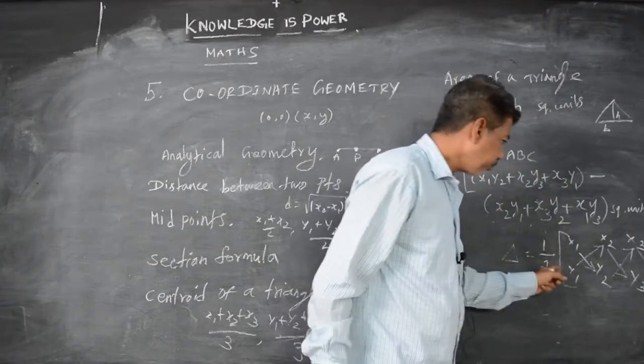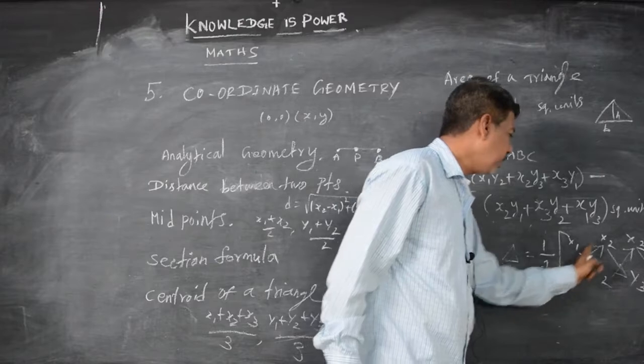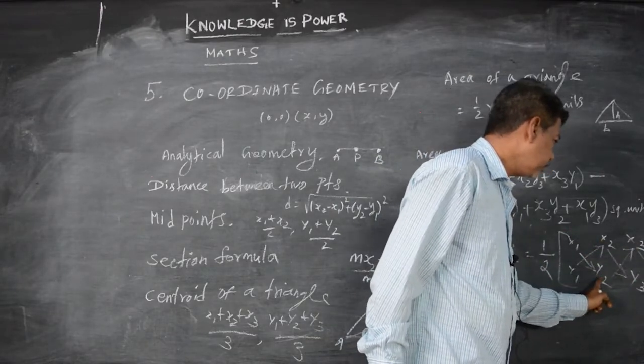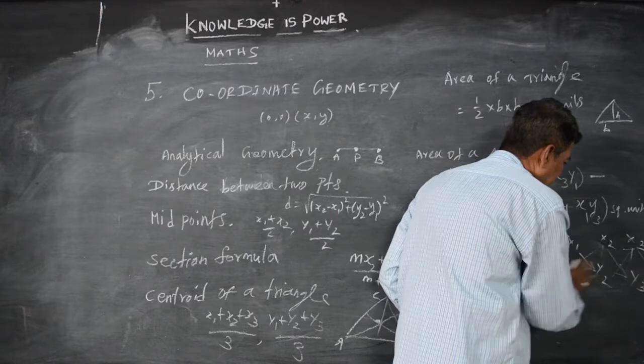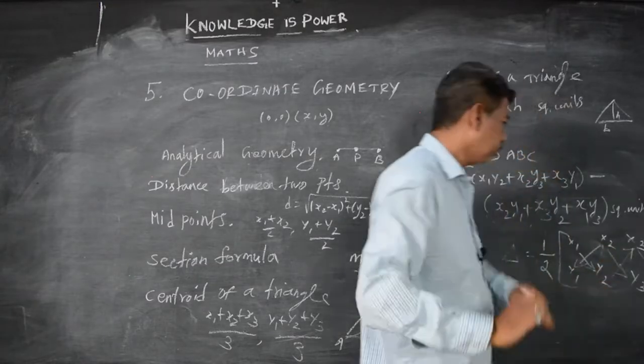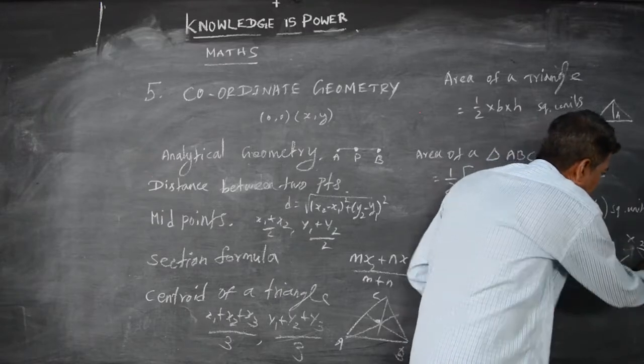See here: x2 y1, that is y1 x2. Here it will be x3 y2. We can also write it like this, downward, like this. That will be better for you. Okay, so x3 y2.